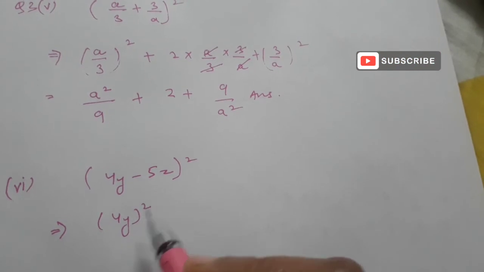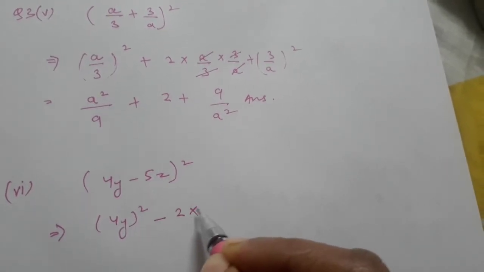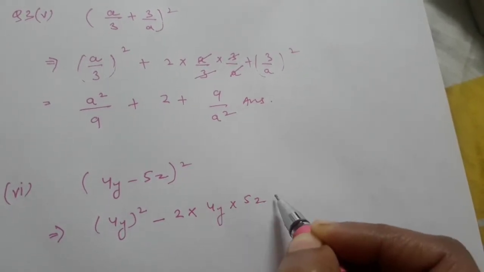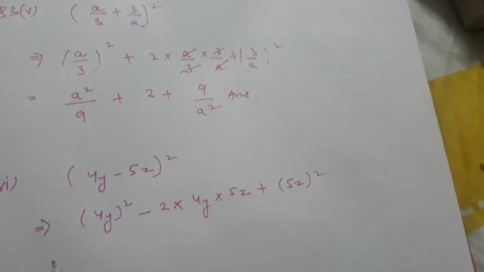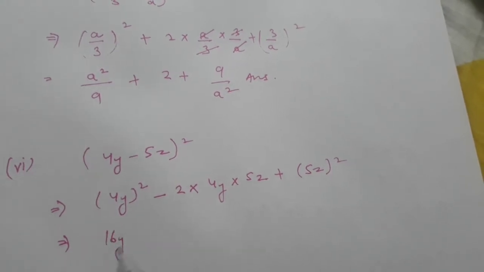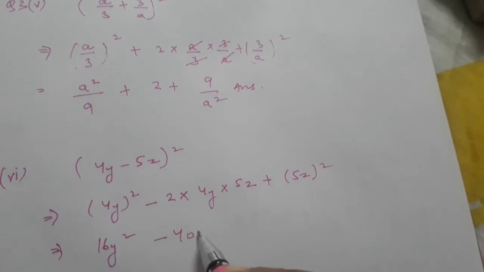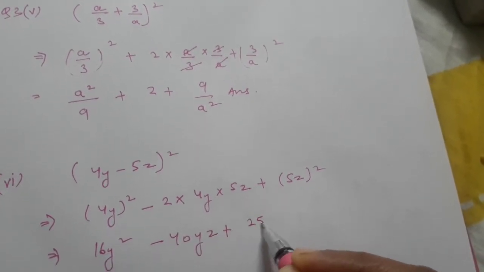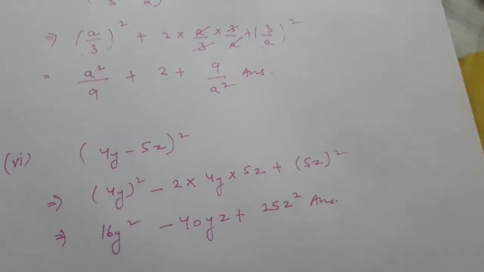So a minus b whole square would be equal to a square minus 2ab, 2 into 4y into 5z, plus b square, that is 5z square. So the next step would be 4 4s are 16 y square minus 2 4s are 8, 8 5s are 40, yz, plus 5 5s are 25 z square. This is the answer of the sixth part.